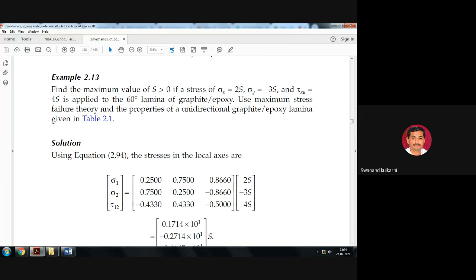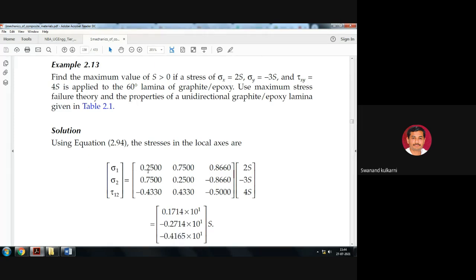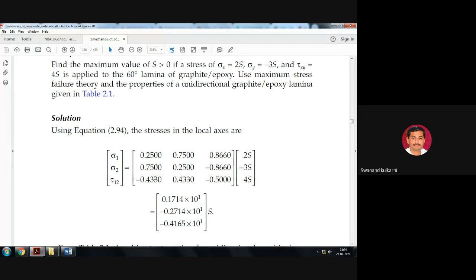Whenever we are solving this example, first of all, whatever matrix we referred to in the macro mechanical analysis, the same thing we are going to refer here also. We know how this macro mechanical analysis was carried out, and how the relationship between stress and strain has been established.